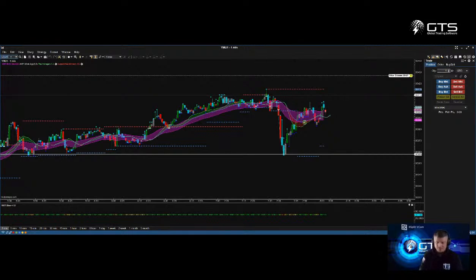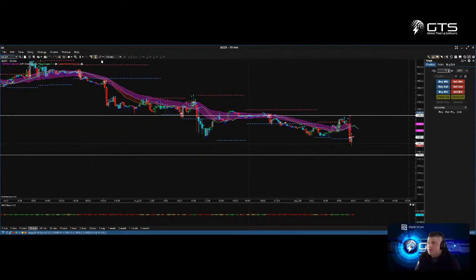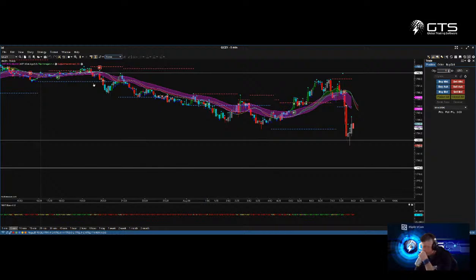So here, I want to see what this gold is doing. So far so good here. All right, let's slide to the 5 minute. We still got that 6-star sell going on, and now remember, 6-star sell right here. Just because it's down here doesn't mean anything, right?